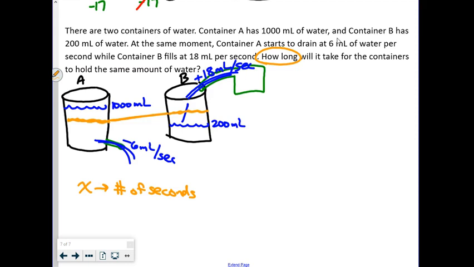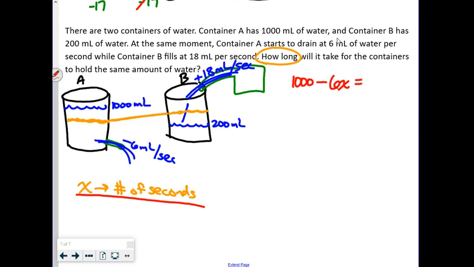All right. So let's start off with container A. We've got 1,000 milliliters, but we want to subtract off this 6 milliliters per second, or for every second. And we know that seconds stands for X. So we're actually going to subtract off 6X, because for every second we're losing 6 milliliters.